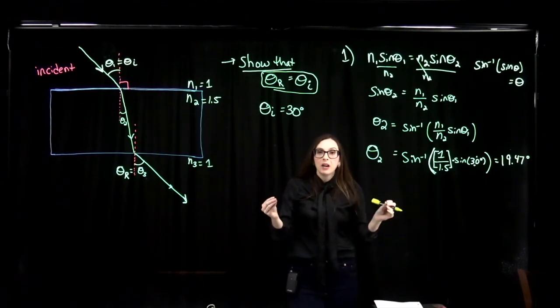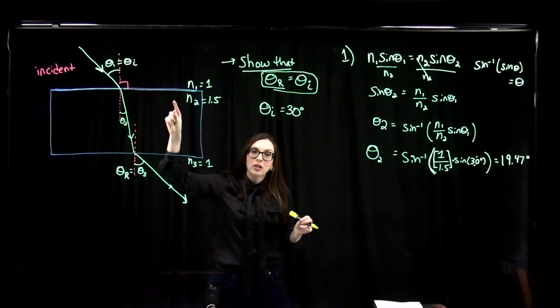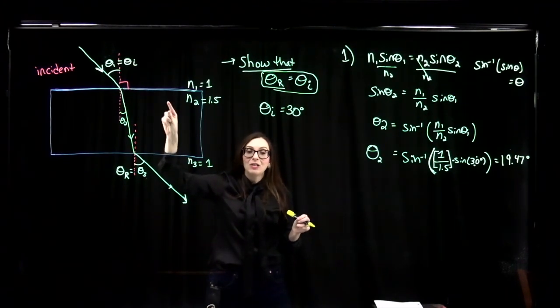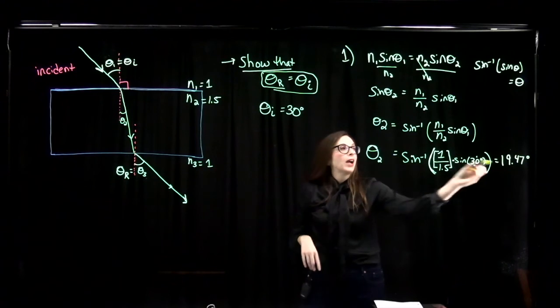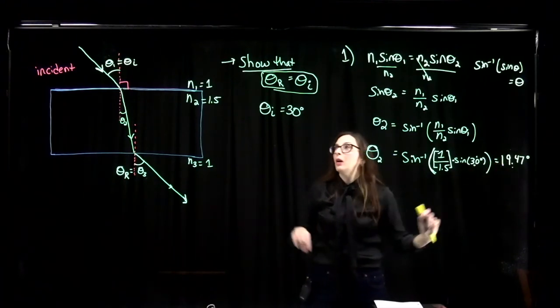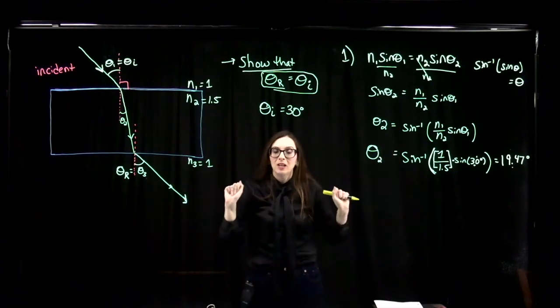Here we have a larger index of refraction in the second material. That means our angle of refraction has to be smaller than our incident angle. And it is. Our refracted angle, 19.47, is smaller than my incident angle, 30 degrees. So we are true to Snell's law.